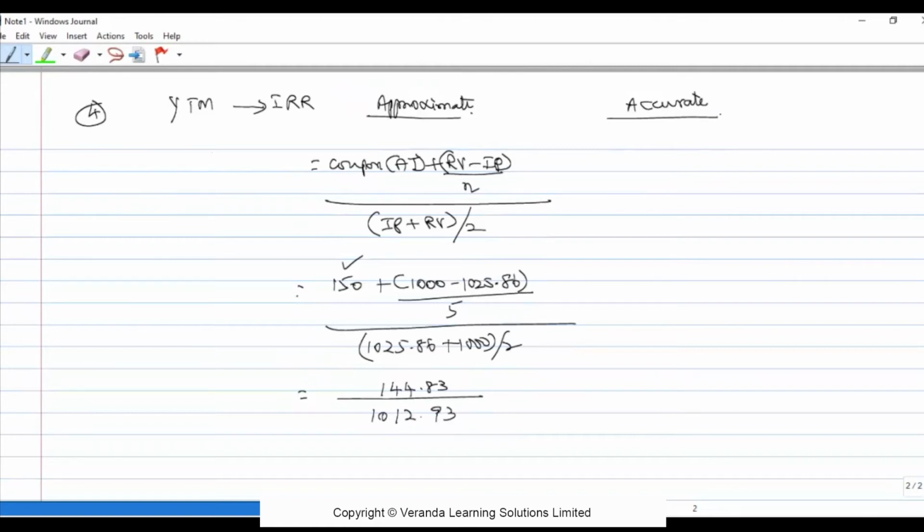So 144.83 divided by 1012.90. If you try that, when converted to percentage, it comes to 14.12%. So this is the way we are expected to complete this yield to maturity.